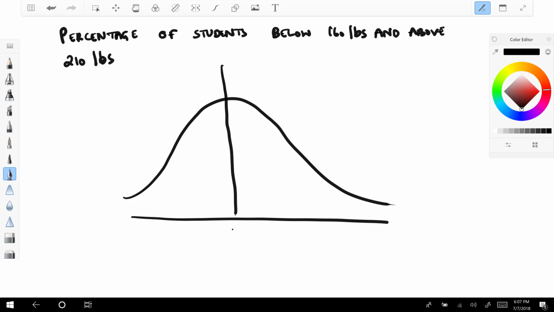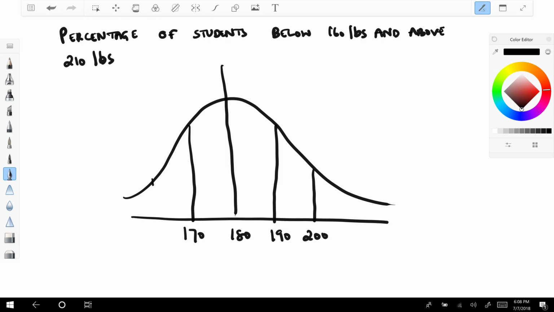So if this is 180, one standard deviation on the positive side would be 190, on the negative side would be 170, and then on the positive side two standard deviations would be 200.